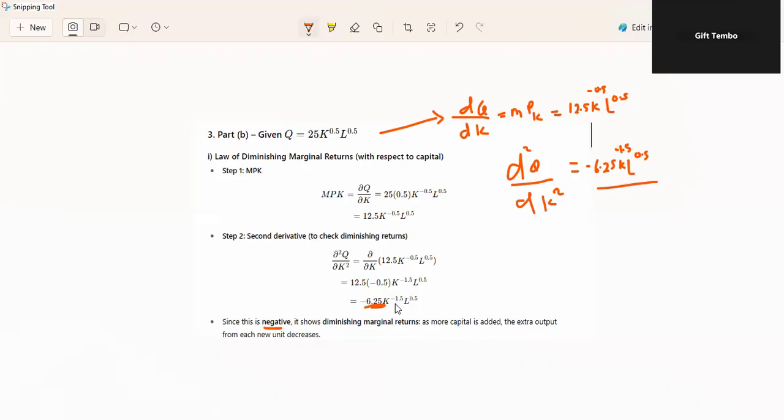So this is evident that it follows the law of diminishing returns. This shows that the law of diminishing returns exists.